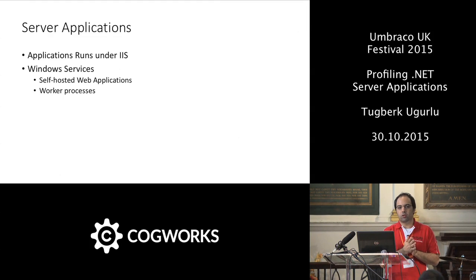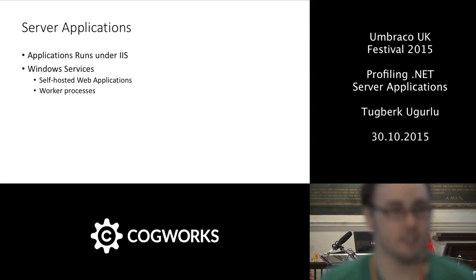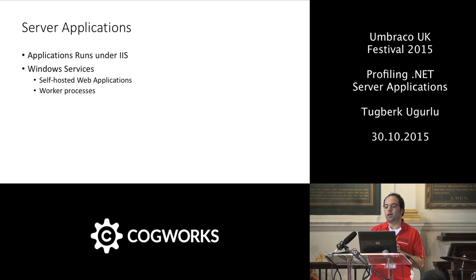So a server application for the .NET ecosystem could be a web application which runs under IIS. It could be a Windows service. So in that Windows service, you would have a self-hosted web application and then a worker process maybe to do some asynchronous processing behind the scenes. So these type of applications are what you can put on a server.